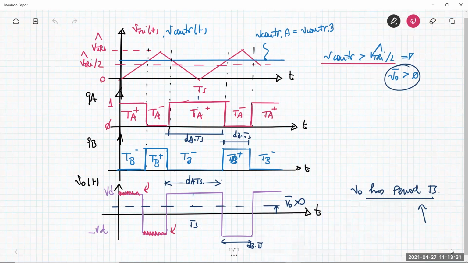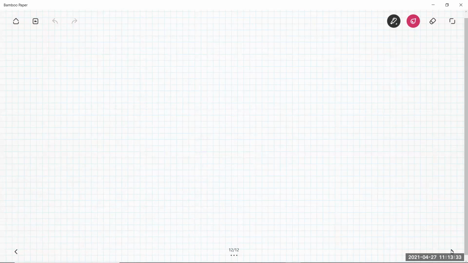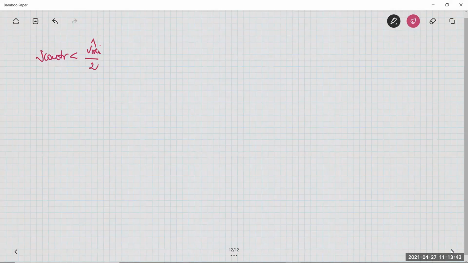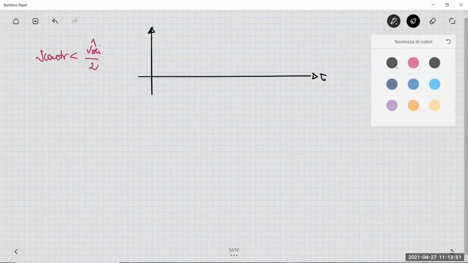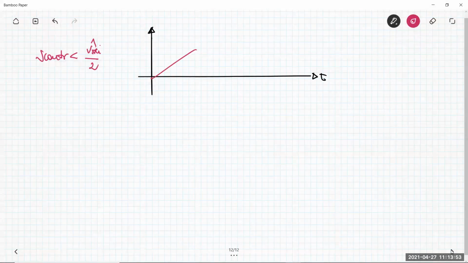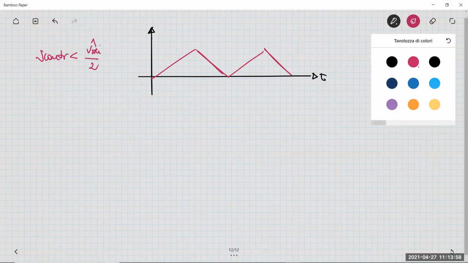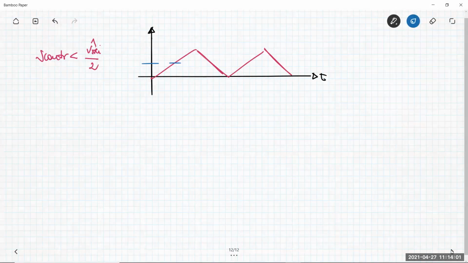What happens when you have the control voltage which is less than half the value? In that situation, let me just see the comparison between the control voltage and the triangular voltage. This is V triangular peak.